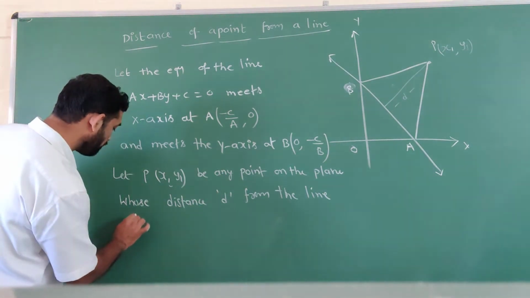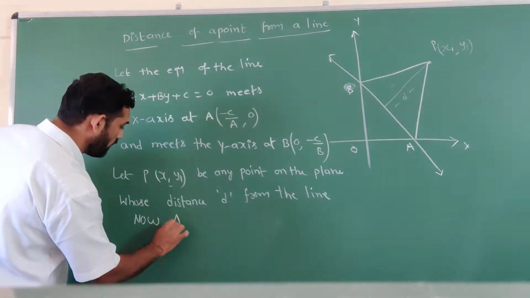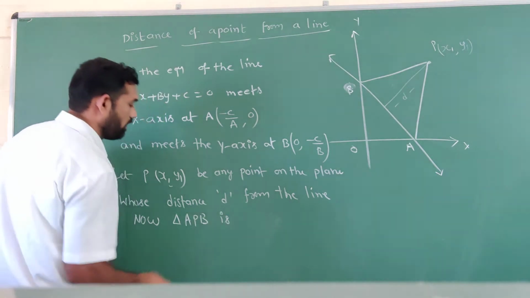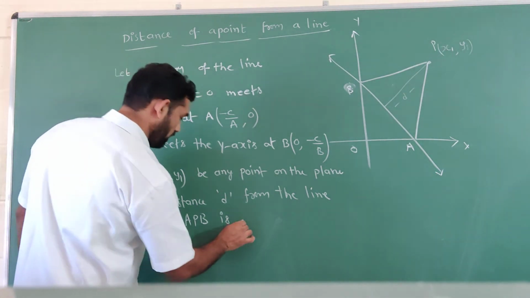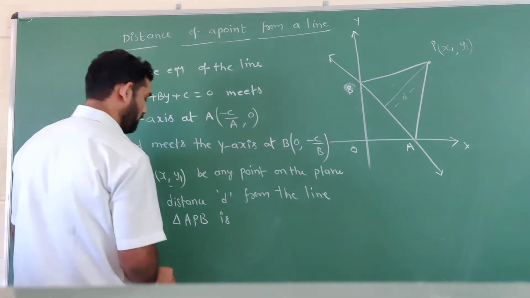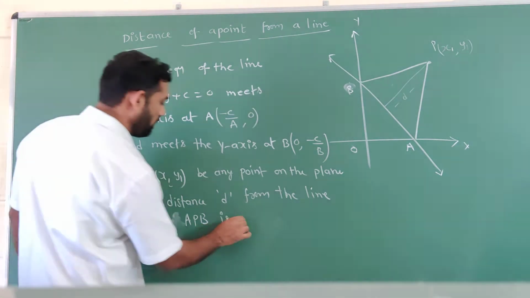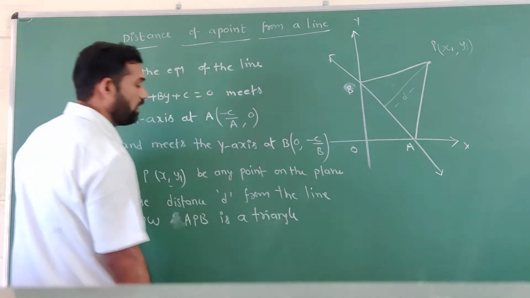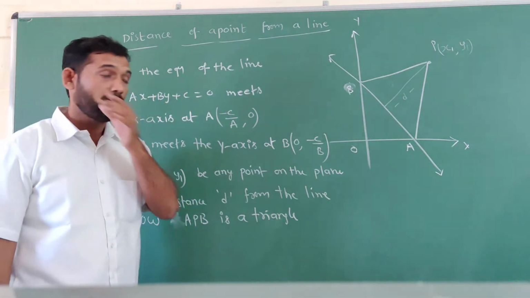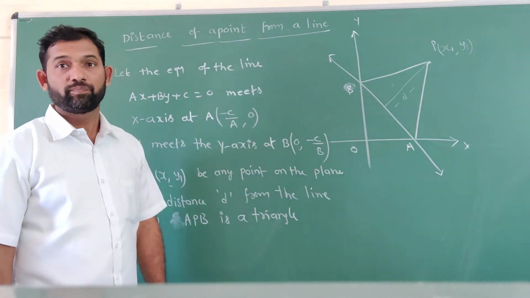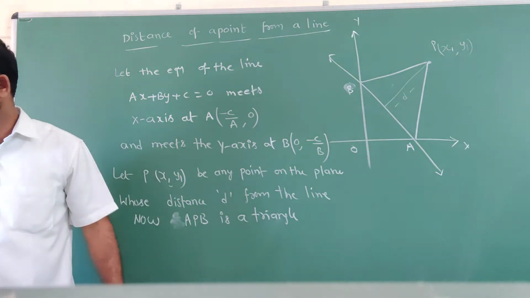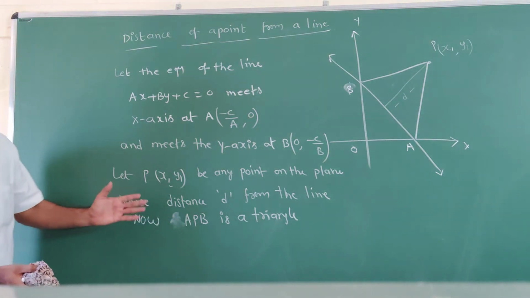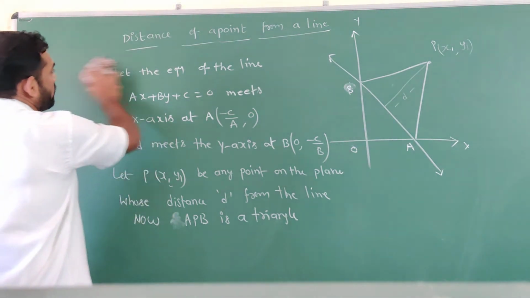Now triangle APB is a triangle, so we simplify its area. So this is about the diagram, right? Next.